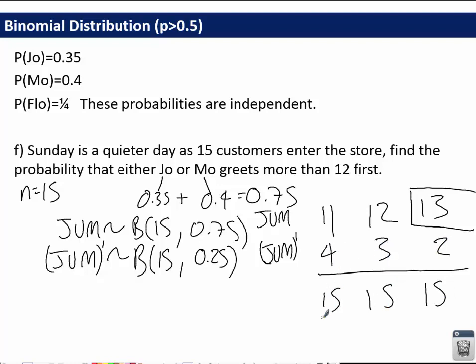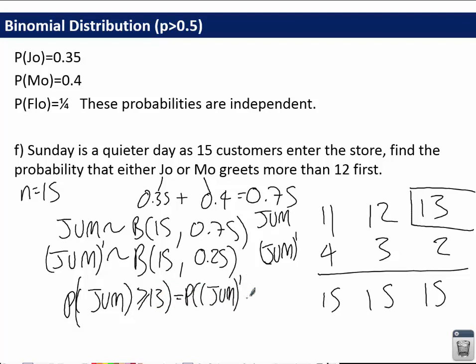Now, originally I was working out the probability Joe or Mo is more than or equal to 13, and I get that just from my number line. That is equal to the probability Joe or Mo not occurring is, well, you highlight the same bit.